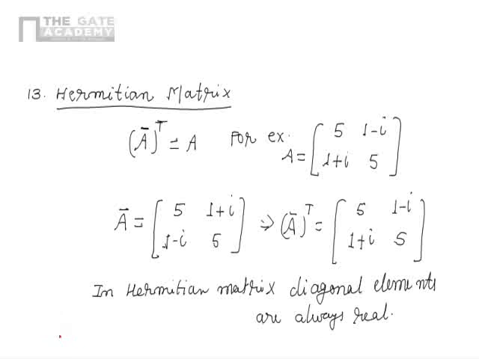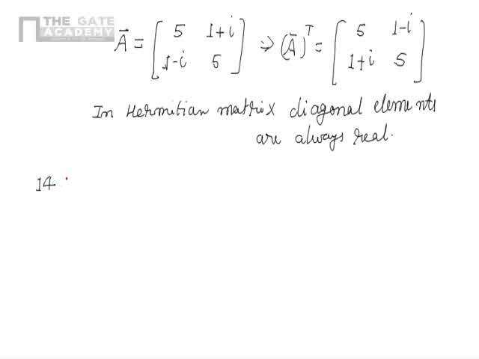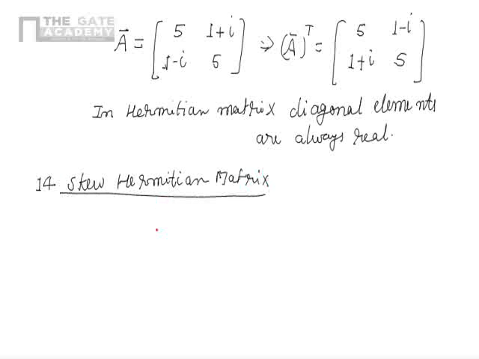The next matrix is the skew Hermitian matrix. In this case, the complex conjugate transpose of the matrix will be equal to minus A, or in other words, Aij is minus times Aji.